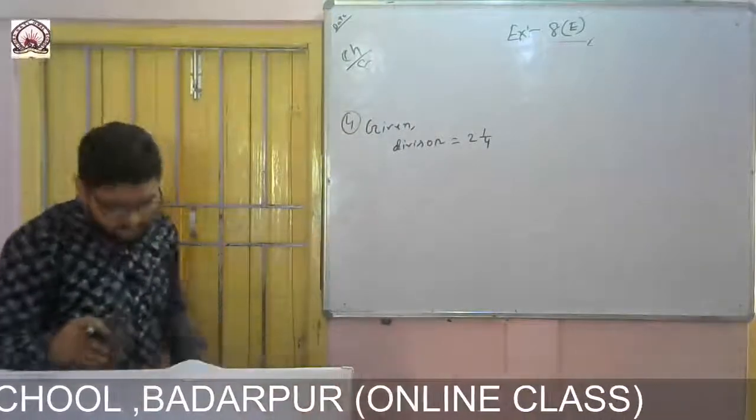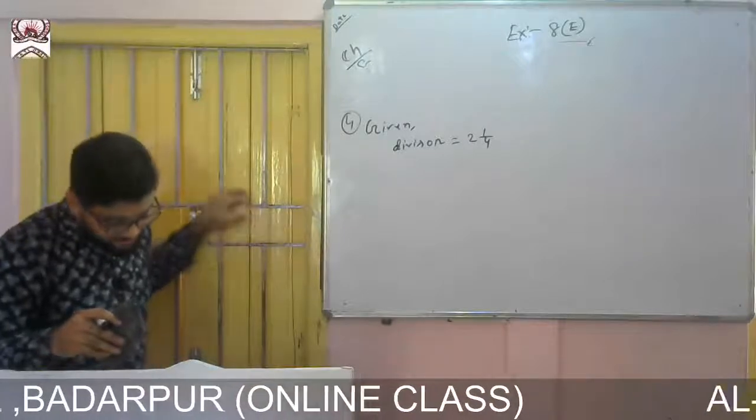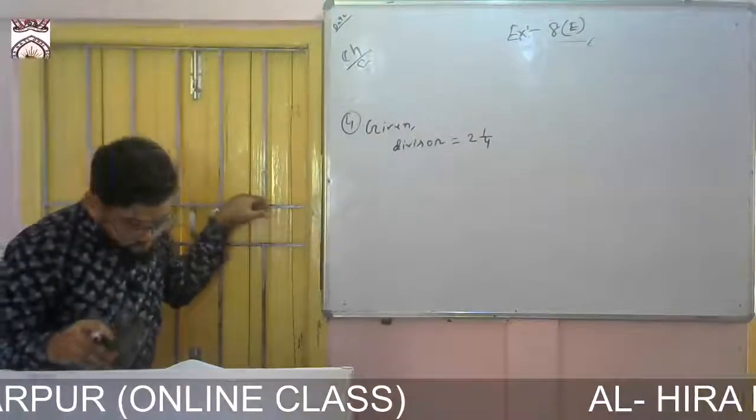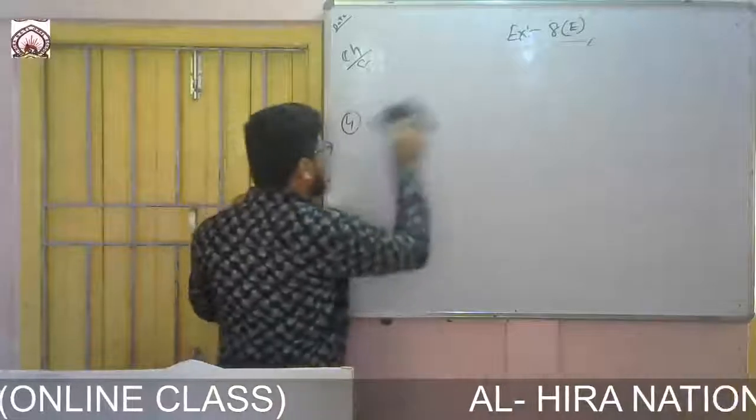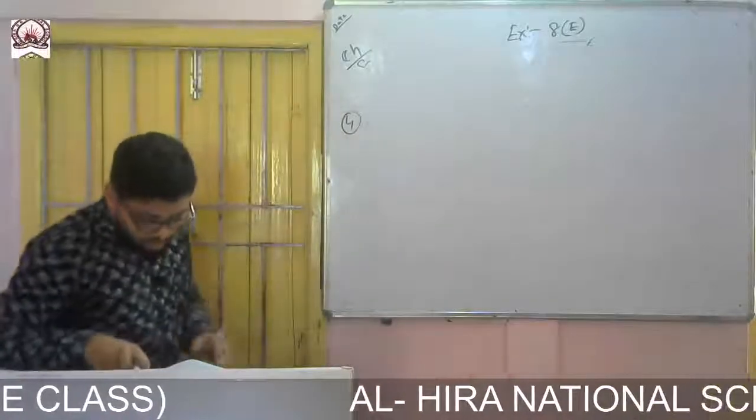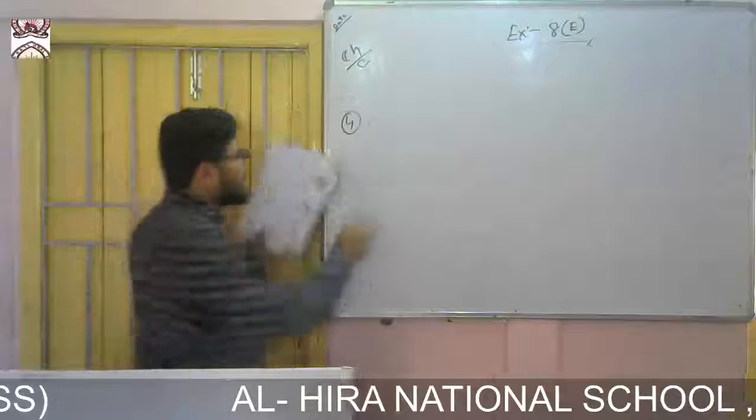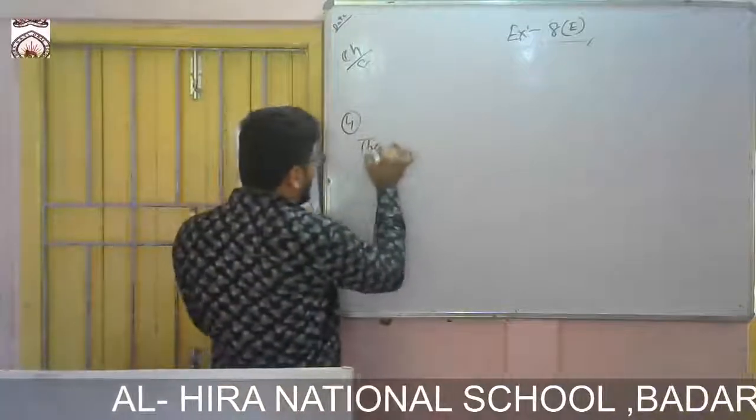So you don't write divisor. Directly you write: what number should be divided by? So write the required number.